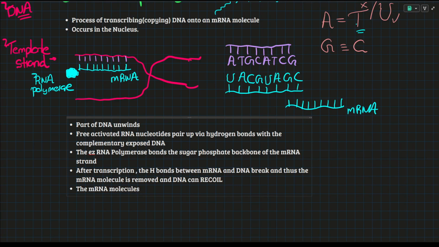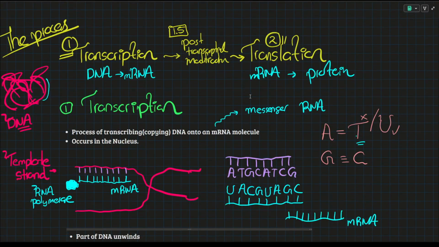This mRNA molecule then leaves the nucleus via nuclear pores. That's all. Simply via the nuclear pores, this RNA molecule is going to move out of the nucleus. Because now we have to get it into the cytoplasm, because translation happens in the cytoplasm. We'll talk about that like this.